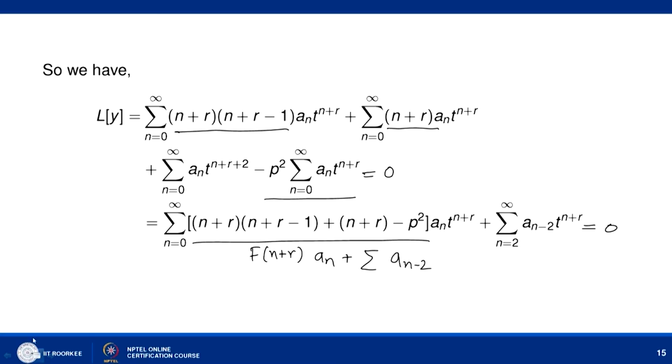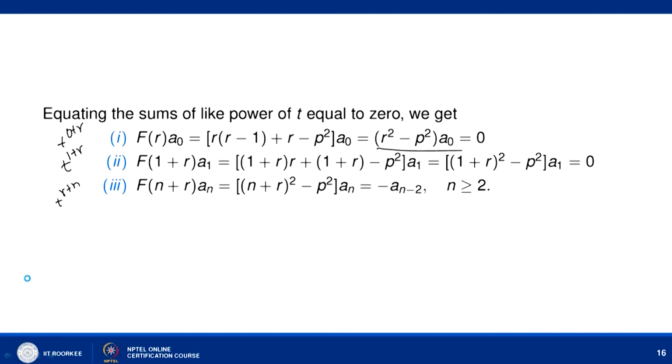So we are writing f of n plus r a n, that is (n plus r) whole square minus p square, a n, equal to minus a n minus 2, for n greater than or equal to 2. Here we are getting these 3: this corresponds to t to the power r, this to t to the power r plus 1, and this to t to the power r plus n.